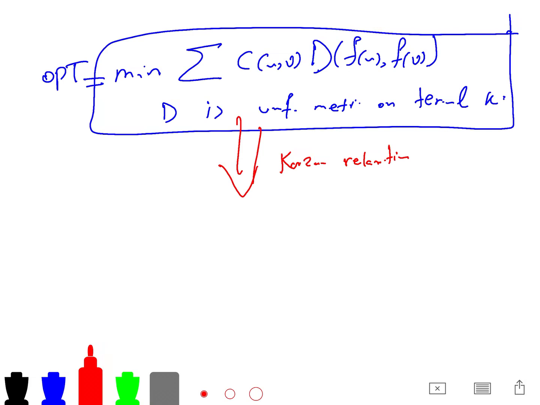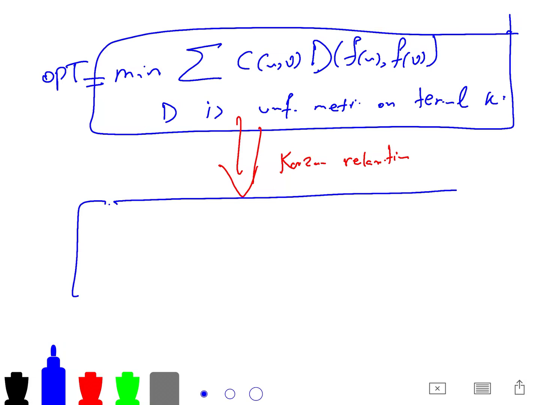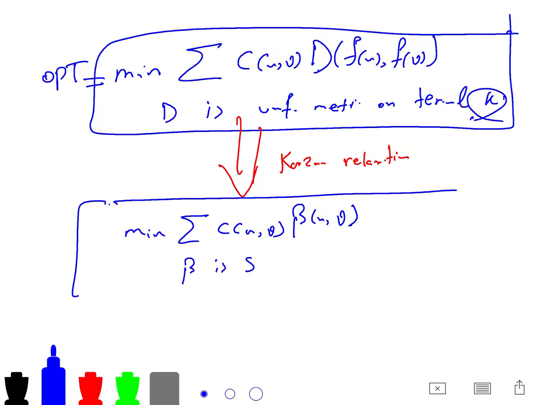I mean, it's an extension of a metric, just restricted on terminals, to all of the vertices. So that's why it is important, because you are just minimizing the sum of C of u and v times beta of u and v. Beta is a semi-metric on all of V, not just K, as it's written here.